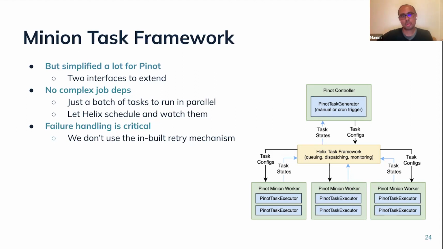One example: if you have several thousands of files to ingest, how do I split those files across all these minion tasks to get the job done? How can I scale and how do I distribute the work? That is done by the task generator, which is part of the Pinot controller.